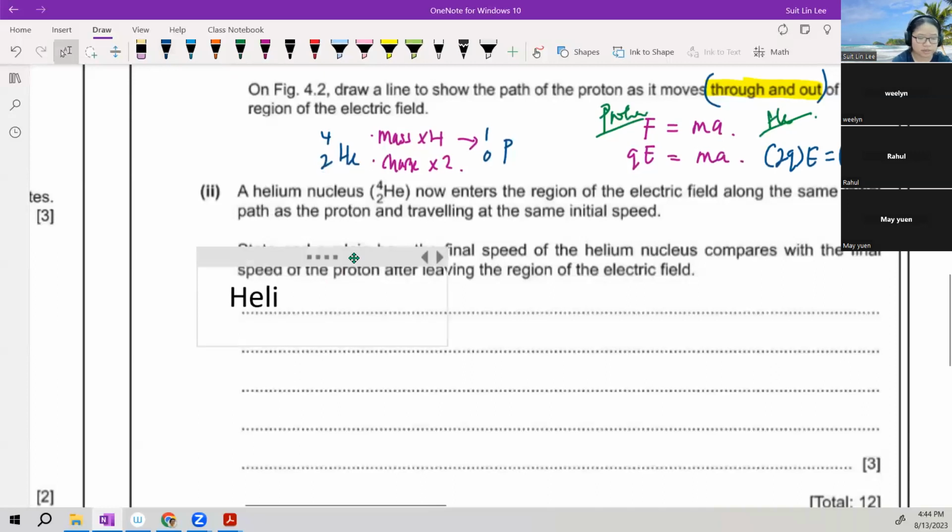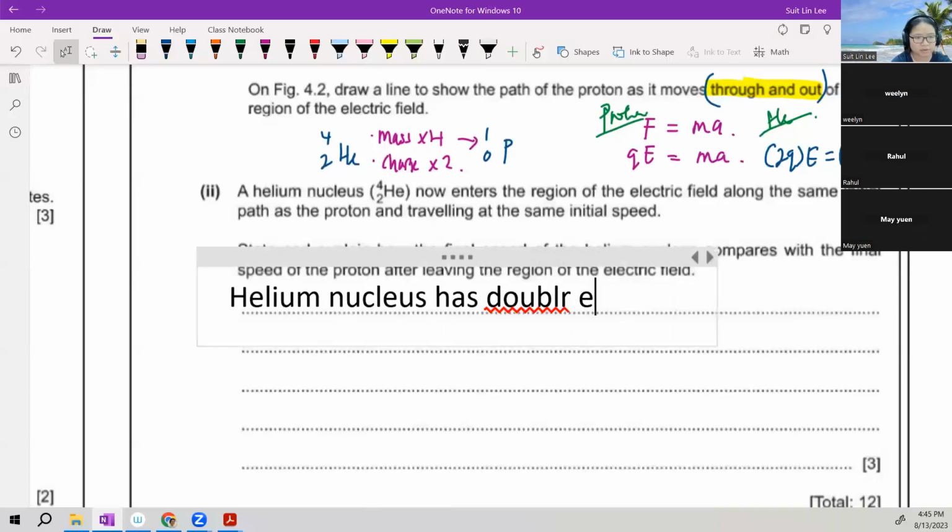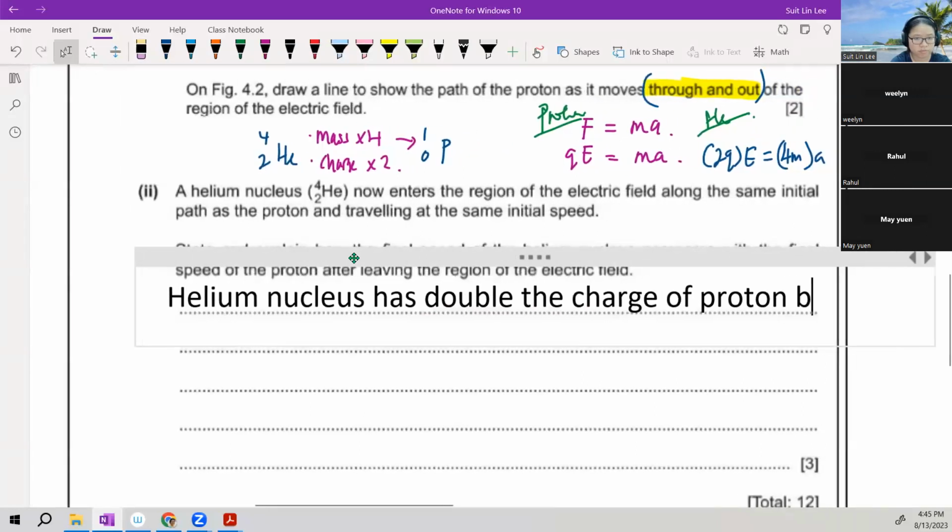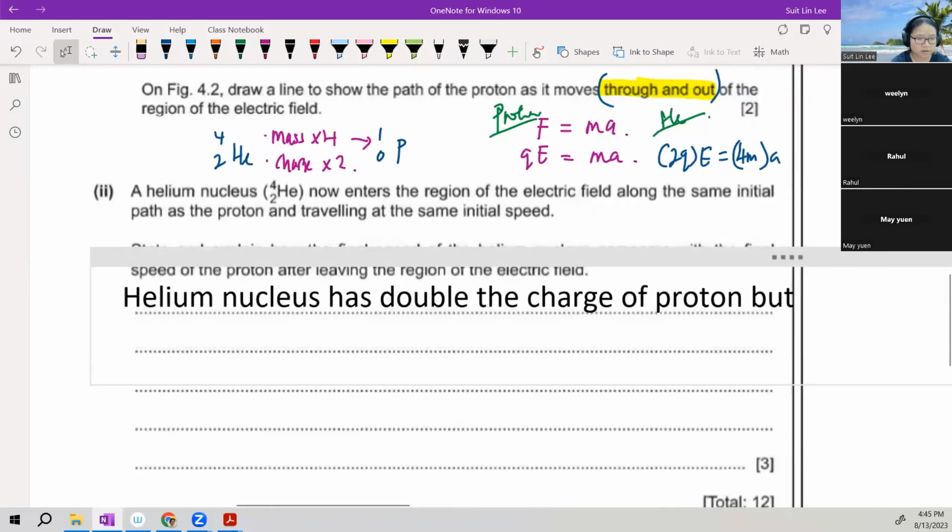I would say that the helium nucleus has double the charge of proton, but 4 times the mass of proton.